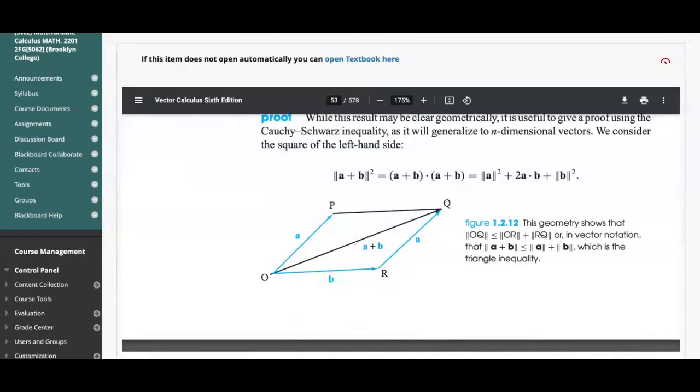You see this is a picture proof. We can parallel translate B to PQ. We see A plus B is just the longer side of A and PQ.